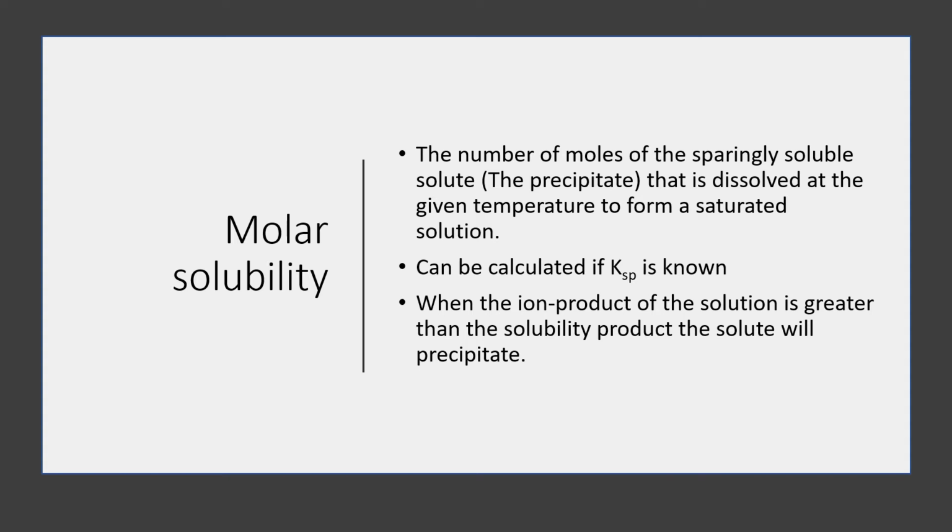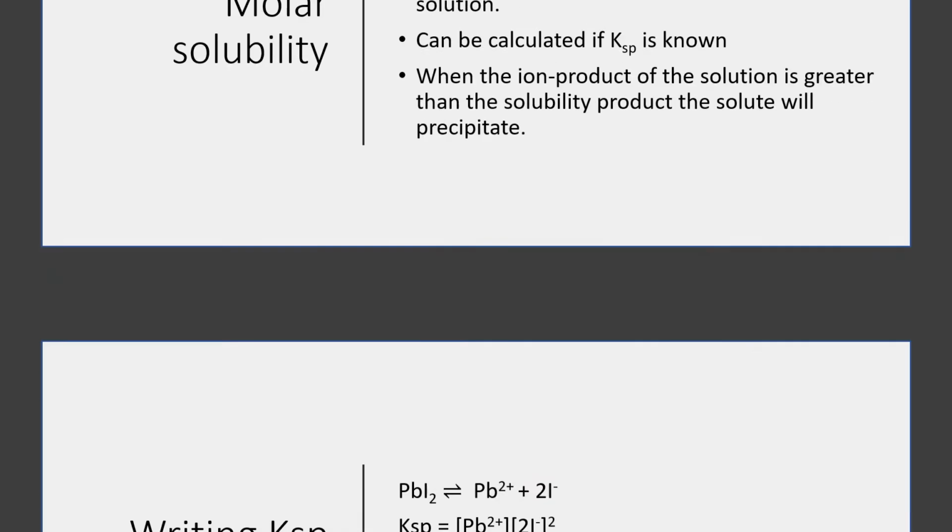Now, one of the conditions for precipitation as we go along we will see is that if the ion product of a solution is greater than the solubility product, the solute will be able to form a precipitate. We will discuss that in a little bit more detail as we go along.